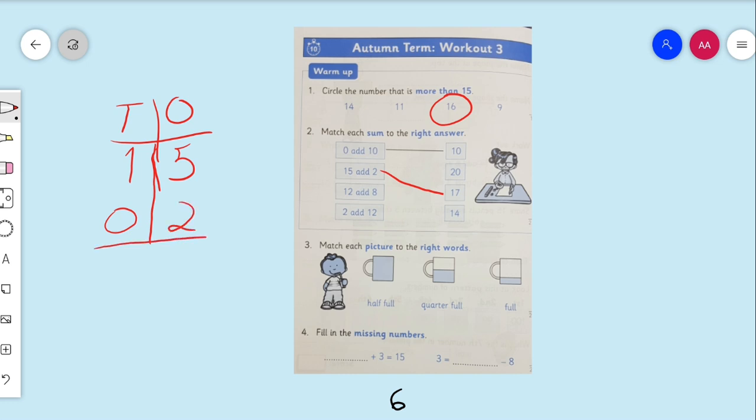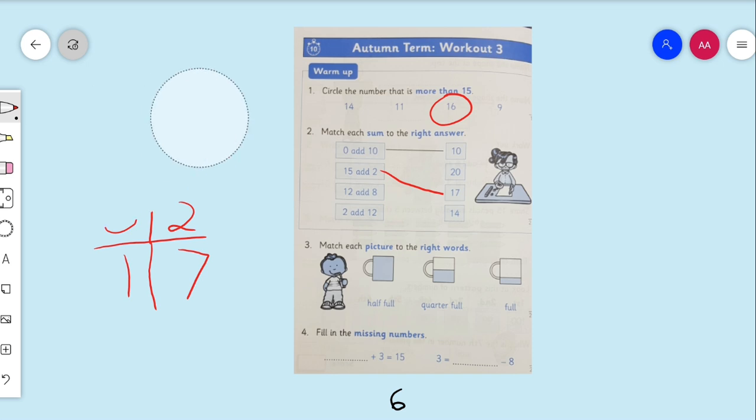And then we plus it. So 5 plus 2 is 5, 6, 7. So it's 7 here. And then 1 plus 0, when you add a number to 0, it stays the same. It's still 1. So it's 17. So they are different ways but the same answer.